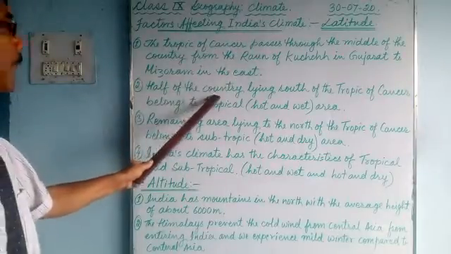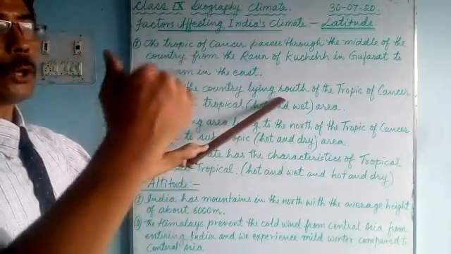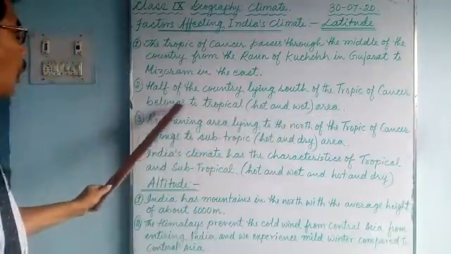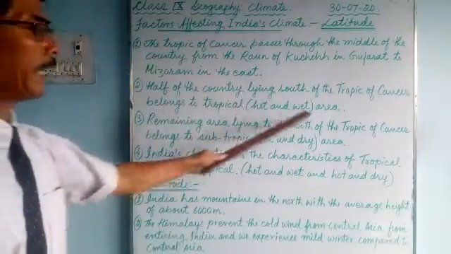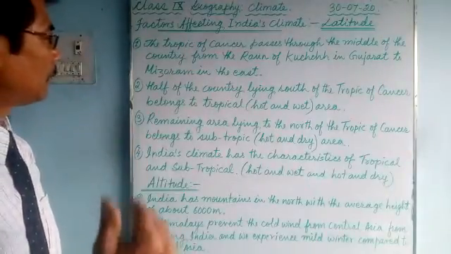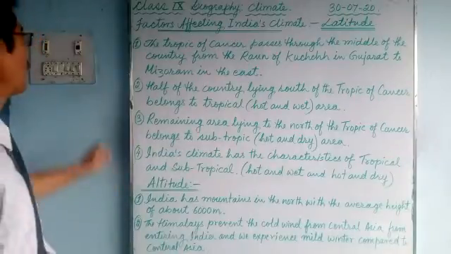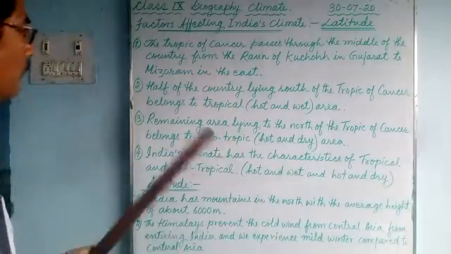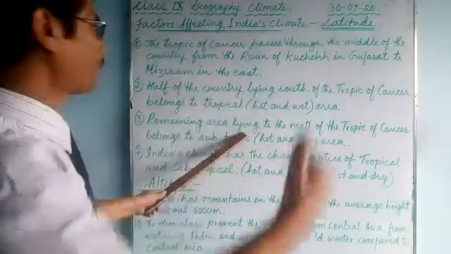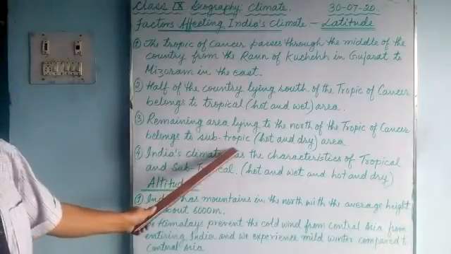Half of the country lying south of the Tropic of Cancer belongs to the tropical area. Tropical means hot and wet. This area experiences a hot and wet climate, whereas the remaining area lying to the north of the Tropic of Cancer belongs to the subtropics.